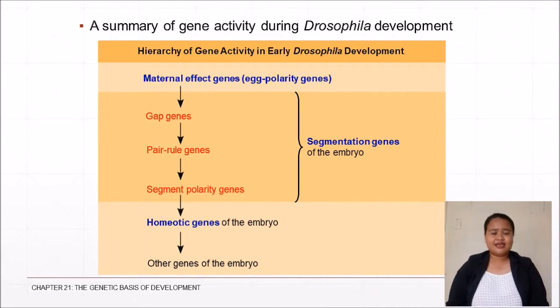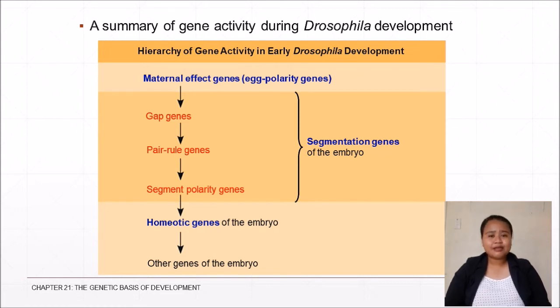To sum up everything, this image shows the hierarchy of gene activity in the early development of the embryo of a Drosophila. The axis formation is made possible as the maternal effect gene was activated. So after the formation of the four major body axes, segmentation follows. In segment formation, there is a sequential activation of three sets of segmentation genes, namely the gap gene, followed by the pair rule gene, and lastly, the segment polarity gene.